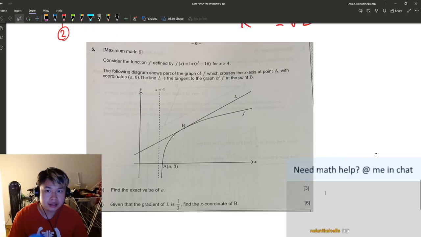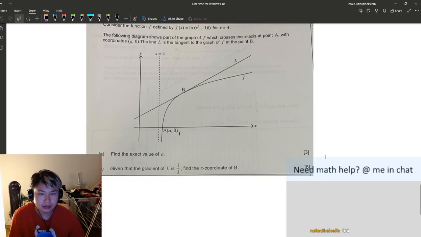Okay, next one. Consider a function defined by this for that. Diagram shows part of f which crosses the x-axis. L is a tangent line at some other point. Find the exact value of a. So a is the x-intercept.